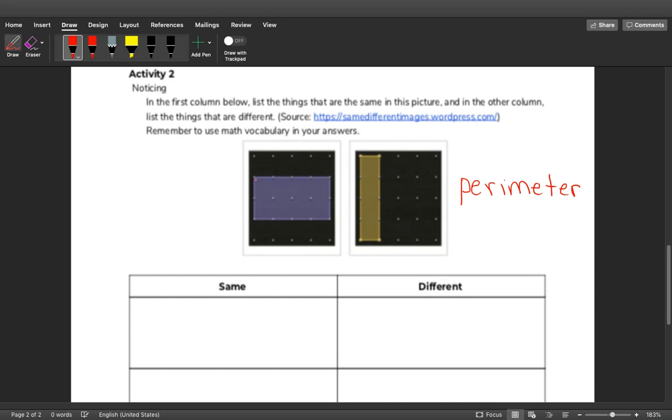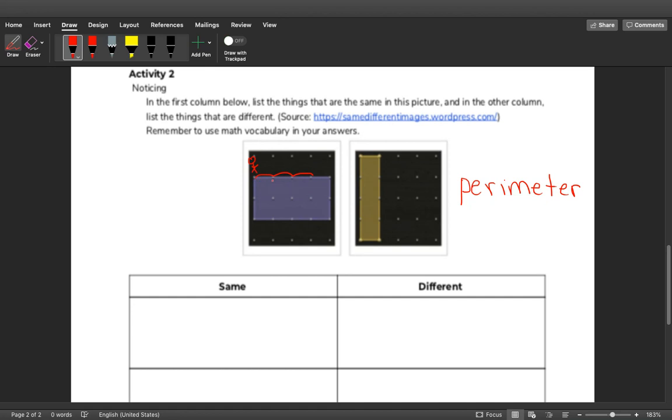And to find the perimeter, I'm counting the distance between each of these dots. So it's kind of like if we had a little person standing here, a little stick man, and he was going to walk all the way around the shape. How many steps would he have to take if he could take one step between each of the dots?